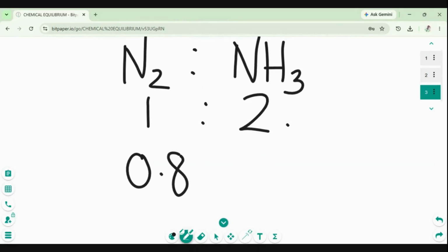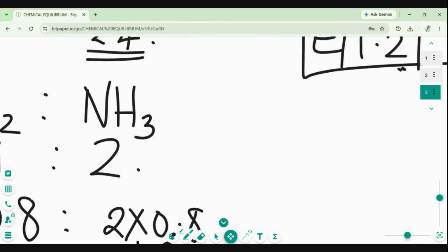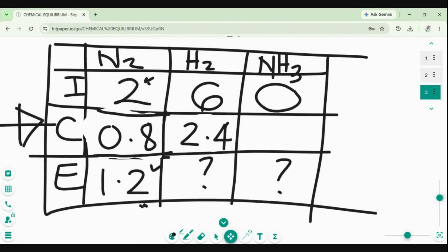It's going to form 2 times 0.8, which is 1.6 moles. So we come beautifully here and write our 1.6. Wow. So the row for I is filled, the row for C is also filled, and the row for E is also filled.